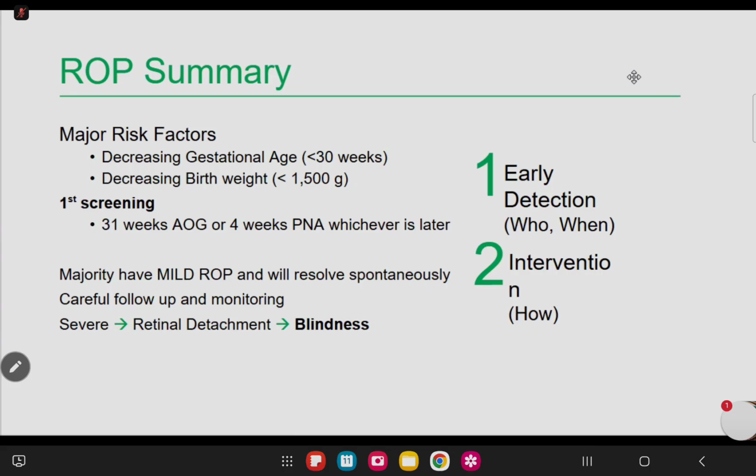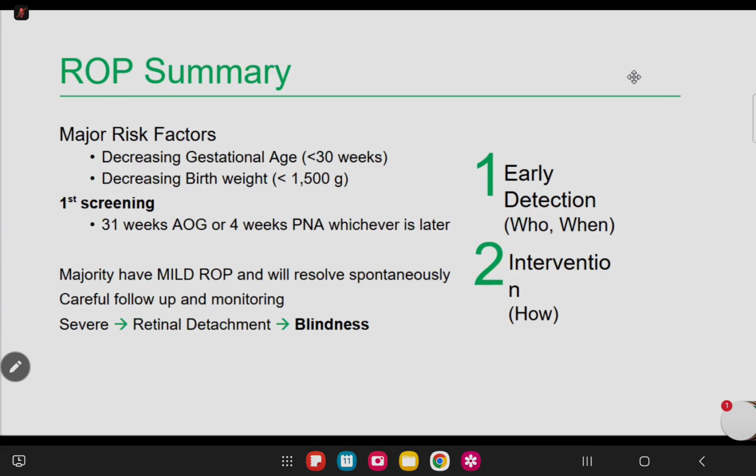Again, screening should be scheduled around 31 weeks age of gestation, or 4 weeks postnatal age, whichever is later. The majority with mild retinopathy of prematurity will resolve spontaneously. Careful follow-up and monitoring is needed for these patients since it could cause retinal detachment and blindness if left untreated.